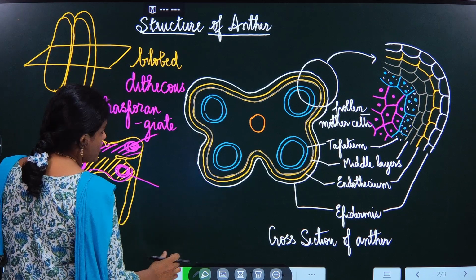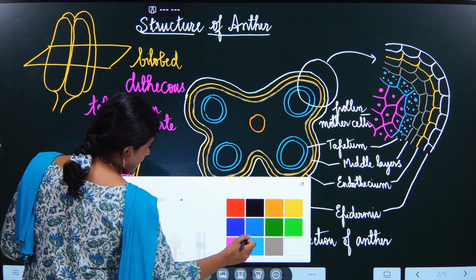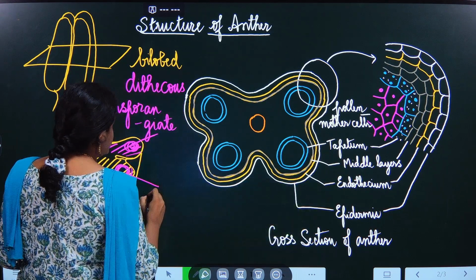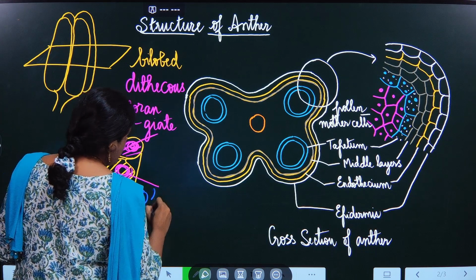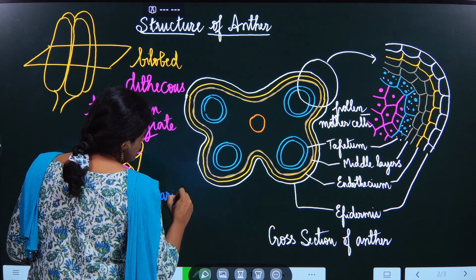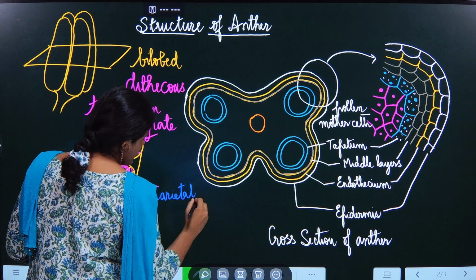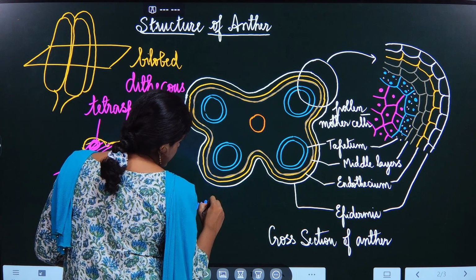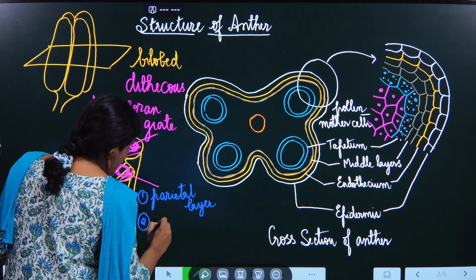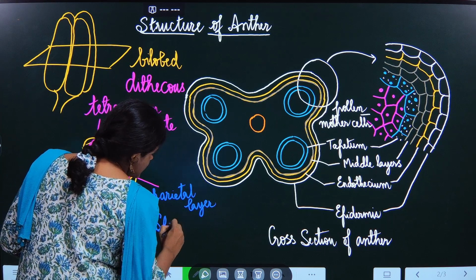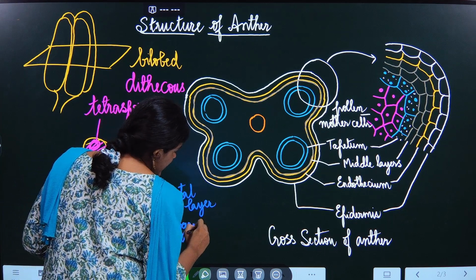I will use a different color. One is the parietal layer, and the second one is the sporogenous layer.